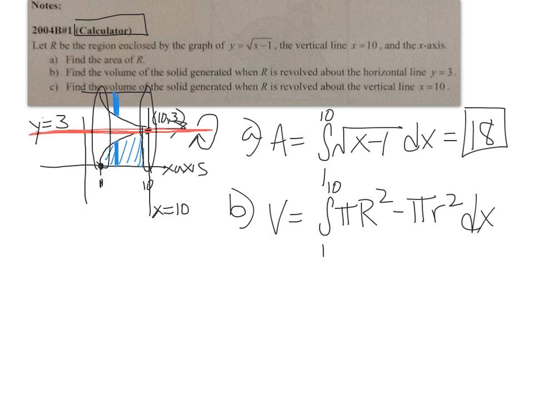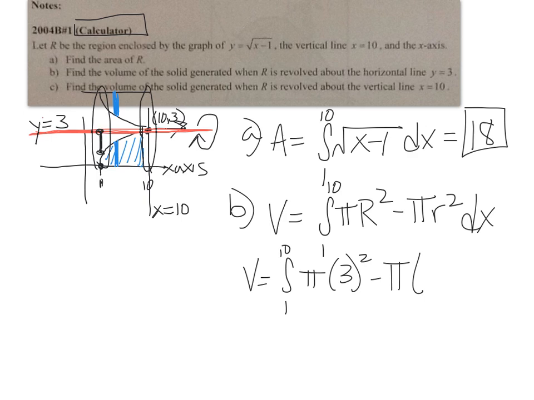So the outer radius remains constant throughout this entire process from the line y equals 3 to the x-axis. That's a distance of 3. So you're going to have the integral from 1 to 10 of pi times 3 squared, or you could just say 9, minus pi times the little radius, which is the vertical distance from the curve up to the line y equals 3.